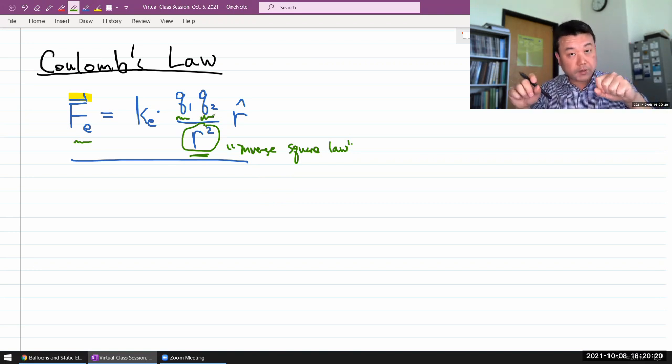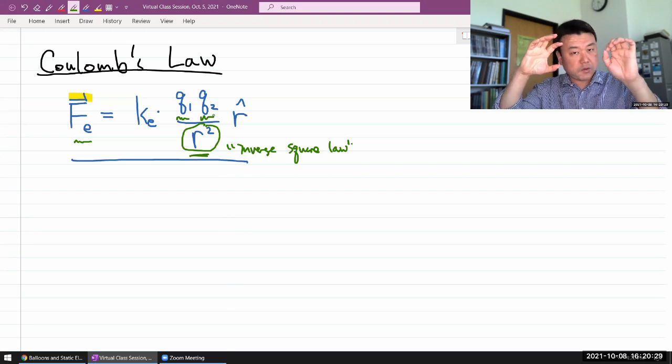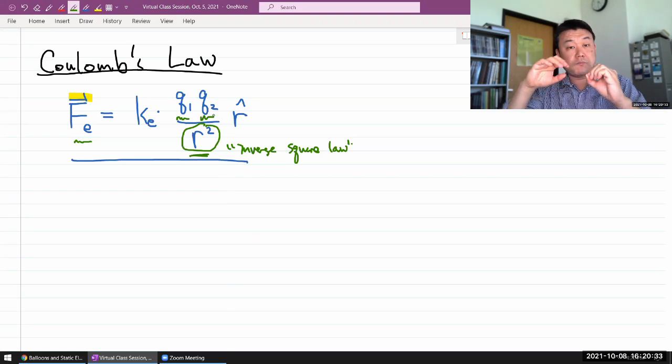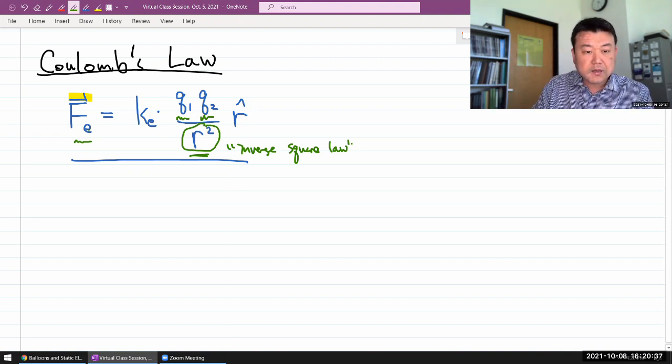For there to be electric force between them, they both need to have some charge. And when you make one charge larger, even if the other charge is still the same size, the strength of the interaction will become larger, because that's what the strength of the interaction depending on the product of charges means.